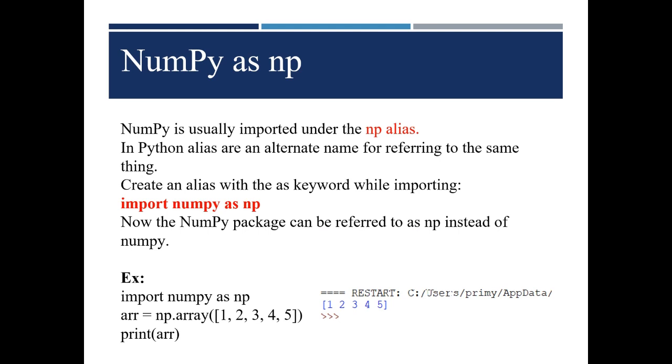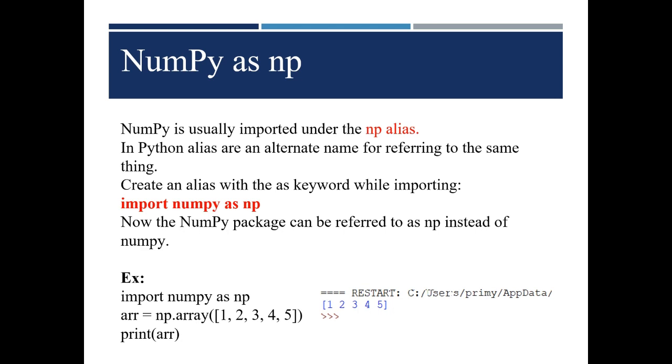You can also use NumPy as np. It is usually imported under the np alias. In Python, an alias is an alternate name for referring to the same thing. Create an alias with the as keyword while importing. Import numpy as np.